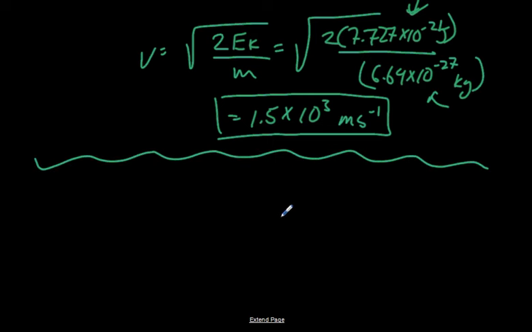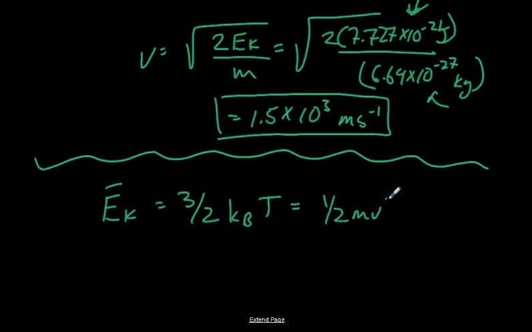Now, since both of these are equivalent to each other, you guys can do this on your own. What you can do is make these two equations equal to each other. If we want to solve for V, the first thing we would do is multiply both sides by 2. So 2 times 1/2 just cancels off, and 2 times 3/2 should be 3.